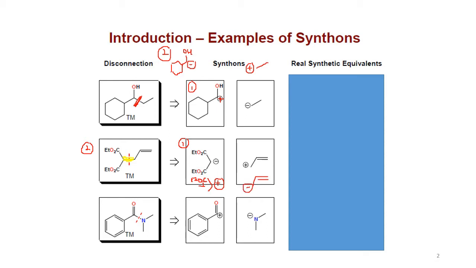Okay, so let's take a look at the third molecule. When we cut the molecule here, we no longer have this bond. So it becomes a plus and minus, or you can have another set, which is this.